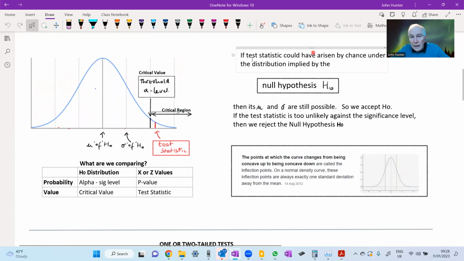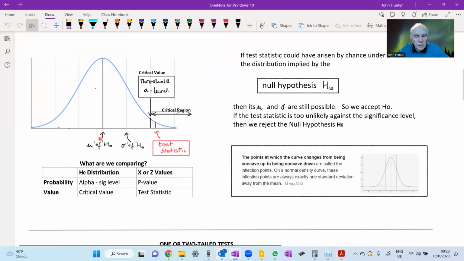So what we're saying is, if a test statistic could have arisen by chance under the distribution implied by the null hypothesis, then the parameters we regard as still being possible. So if we imagine this is the distribution, and this is what we're assuming under the null hypothesis.